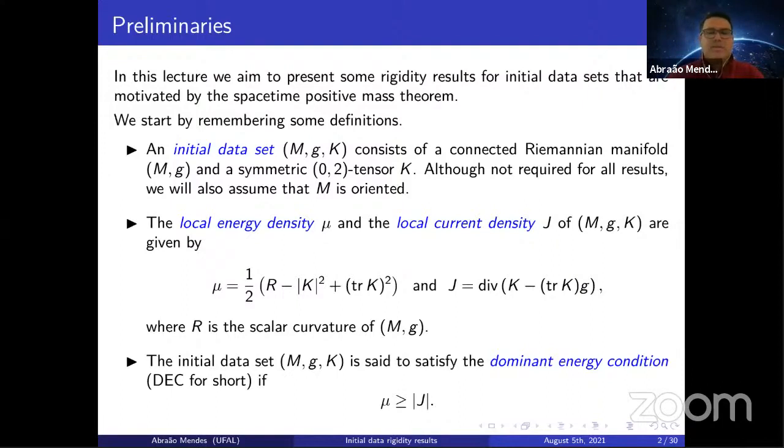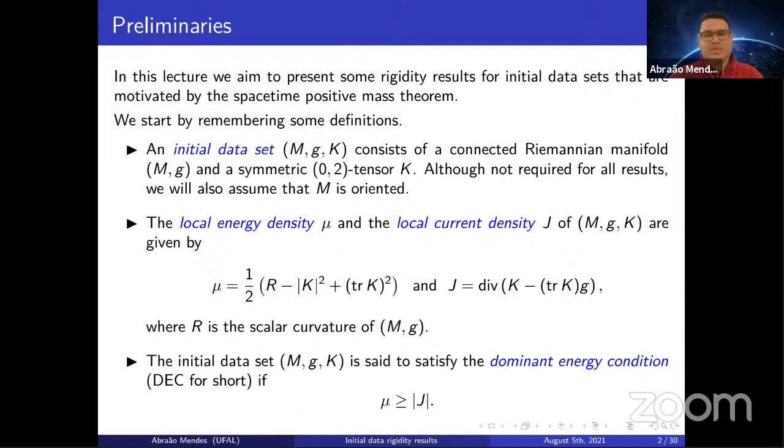Let me start by recalling some definitions. An initial data set (M, g, K) consists of a connected Riemannian manifold (M, g) and a symmetric (0,2)-tensor K. Although not required for all results we are going to state, we are going to assume that M is oriented for simplicity.